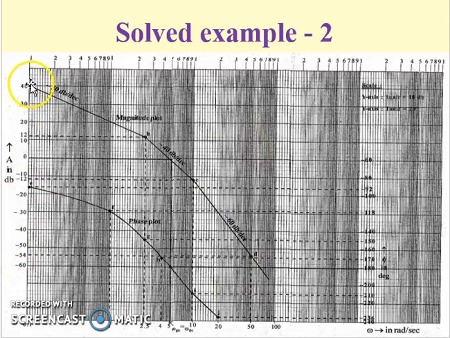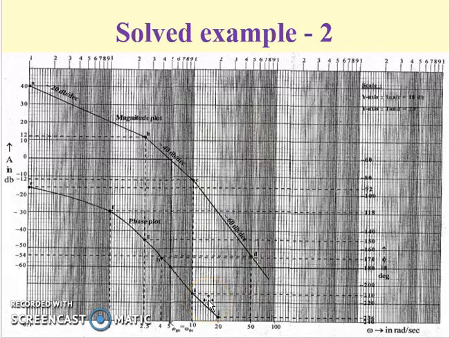So A at 40 dB is your first point, B at 12 dB is your second point, C at minus 12 is your third point, and D at minus 54 is your fourth point. These are joined using straight lines, and this gives you your magnitude plot. Similarly, the phase values are taken here, and we have plotted your E, F, G, H, I, J, and it is a freehand drawing, and that gives you your phase plot.